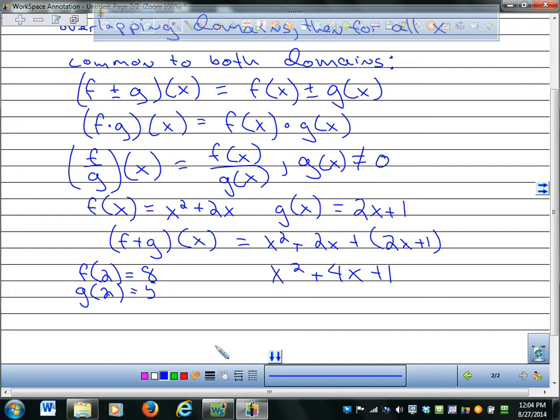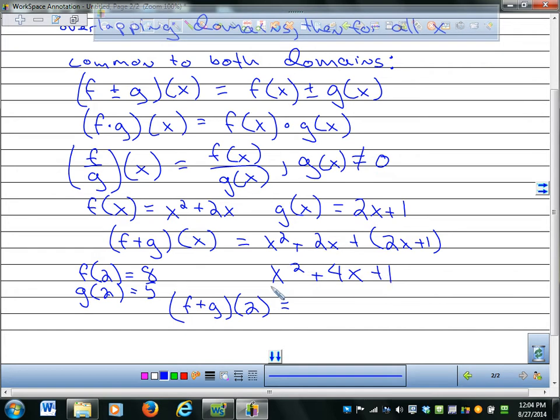All right. So what's f plus g of 2? What this says is I can either add those two things together, 8 plus 5, I get 13, or I could take 2 and plug it into the formula for f plus g of 2.